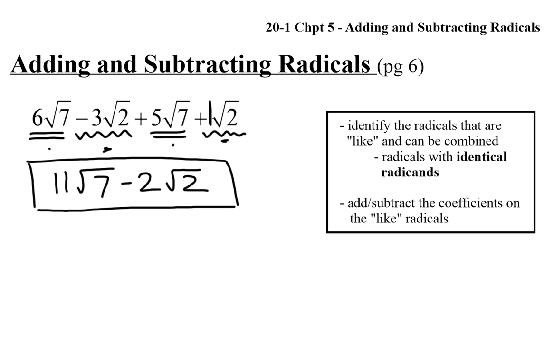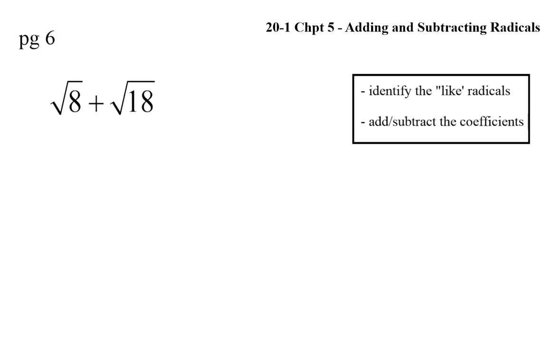Simplest to start with, it's going to get a little trickier, a little bit more work, but it's just like working with polynomials. We need the like radicals so we can combine those together. Well, here's where it starts to become more work, because now we have root 8 plus root 18. Identify the like radicals is step 1. But we don't have like radicals. So we can't do step 2, add and subtract coefficients.